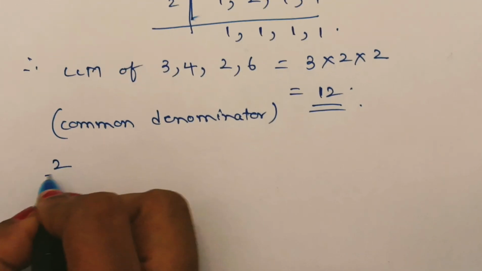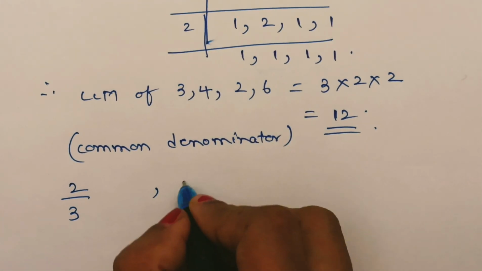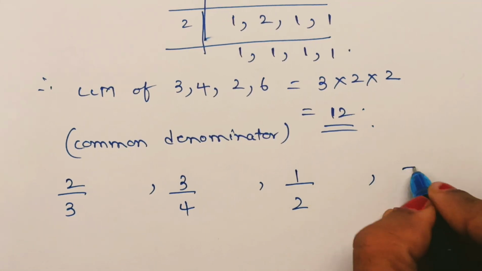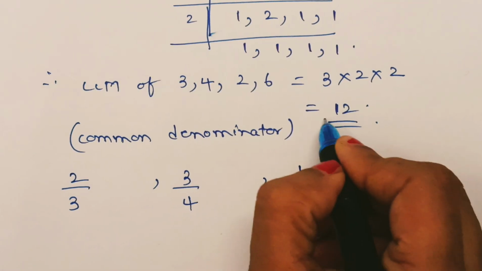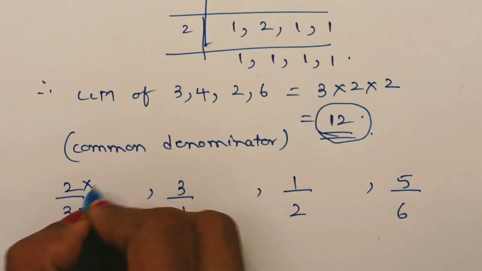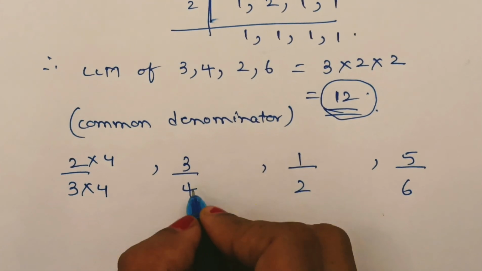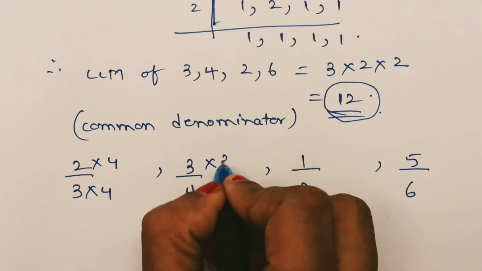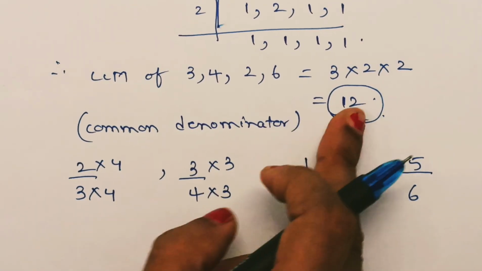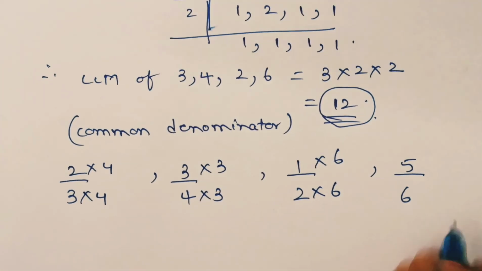Now, note down the question. 2 by 3, 3 by 4, 1 by 2, 5 by 6. Now what do you want in the denominator? You want 12. Into 4, into 4. Make equivalent fractions. Into 3, into 3. Into 6, into 6. You have to make the denominators 12.